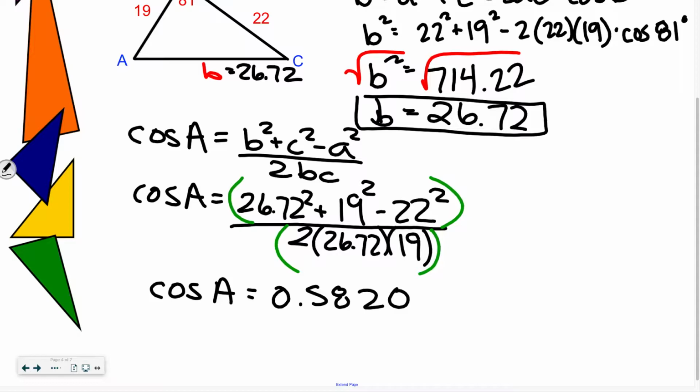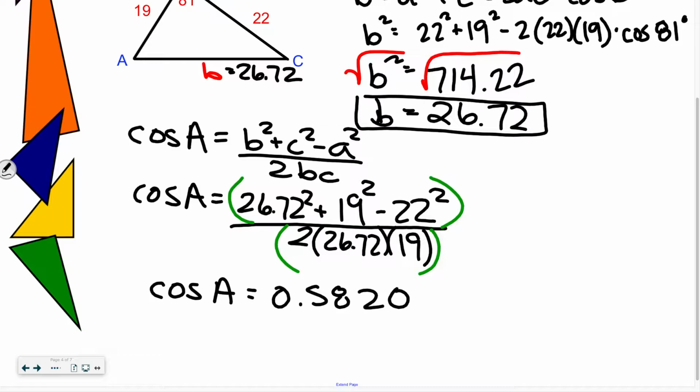Thanks, Jess. Did you get the 0.5820 back here? Oh, can I look at your calculator real fast? Oh, so in the denominator you need an open parenthesis for the 2.